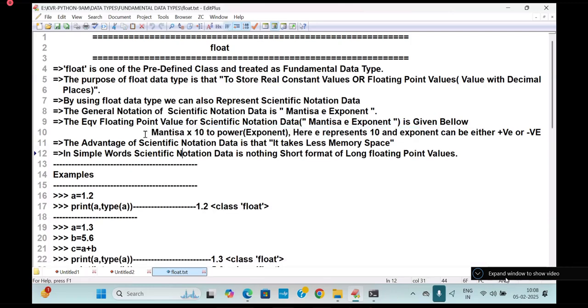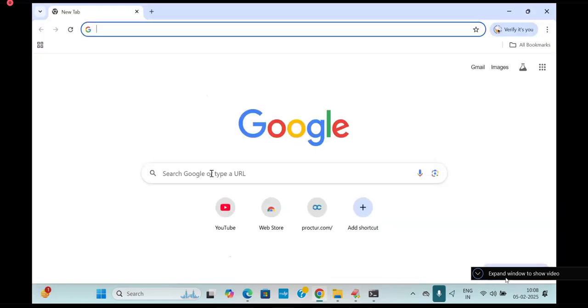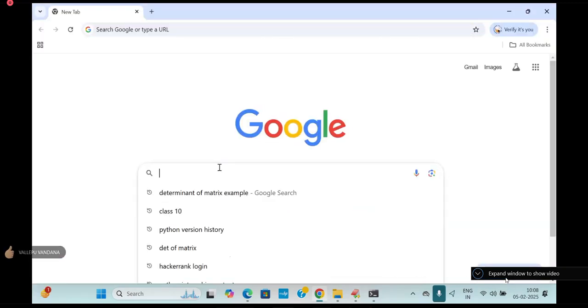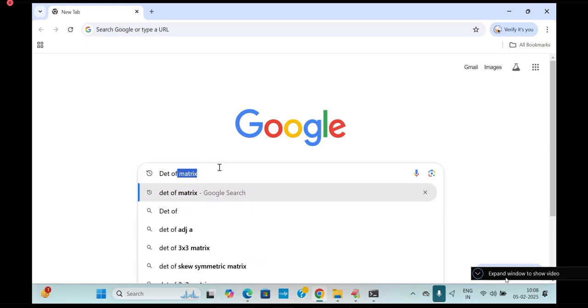I think students, you take it. If you want an example from the internet, determinant of 3 by 3 matrix examples, I'm going to write it.